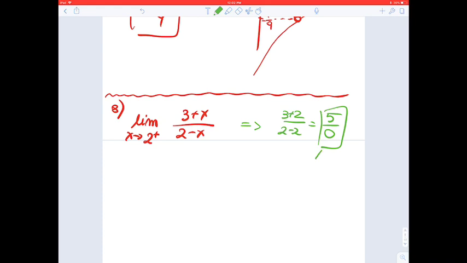A number over a small number means a big number, positive or negative. That's a big number. 0 is the small number. Okay, please remember, if you see the multiple choice option, a finite number over 0 means a big number. That means most likely the answer will be positive or negative infinity.